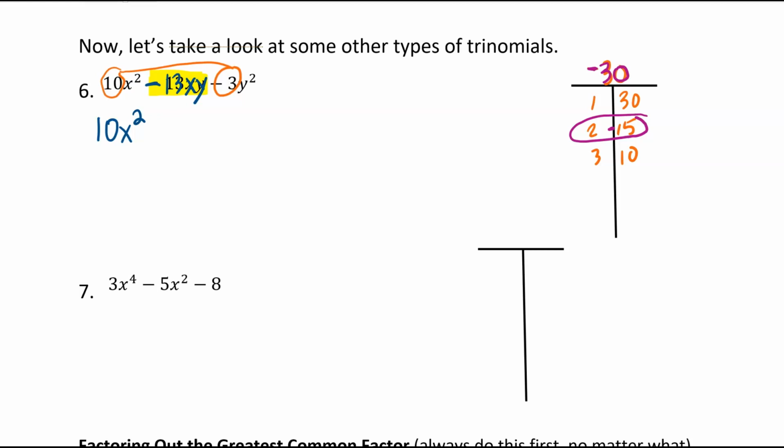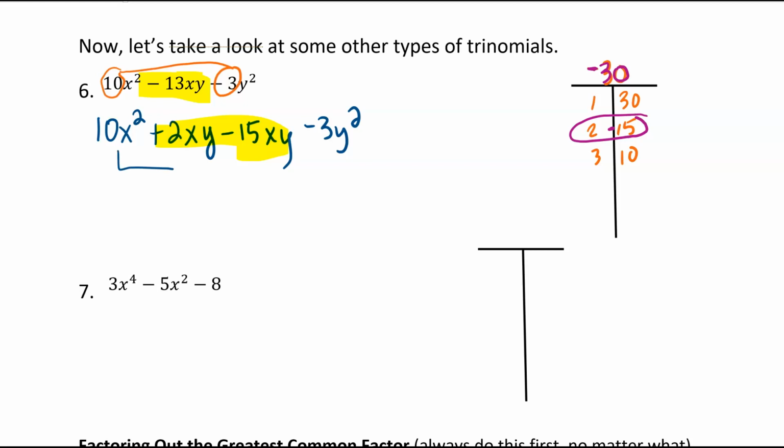Which means that we need to put an xy on the end of our numbers 2 and negative 15. Right? Because we need the middle to be the same as the middle up here. So they must be the same, and it works out.